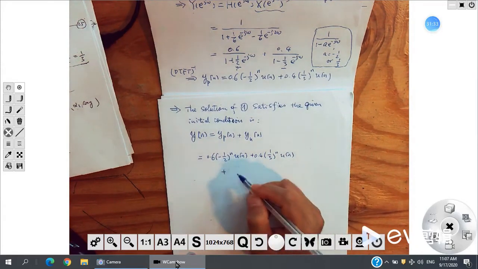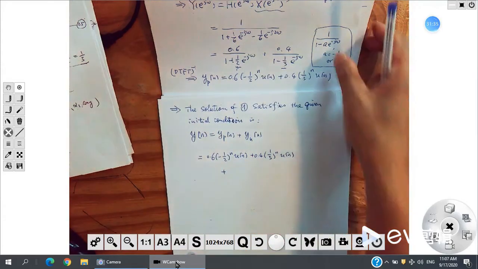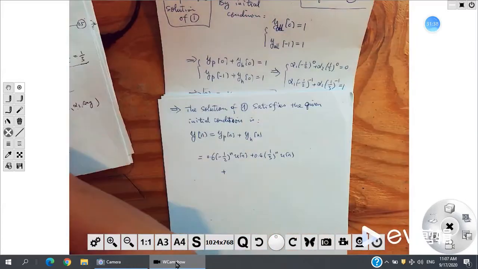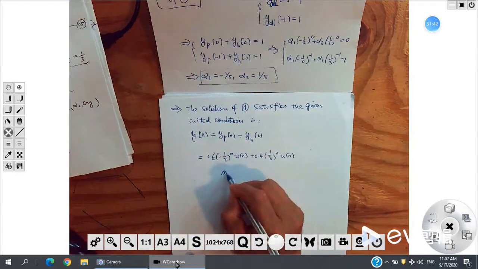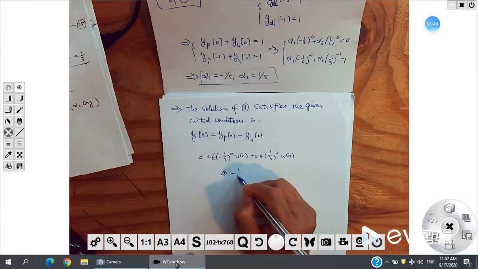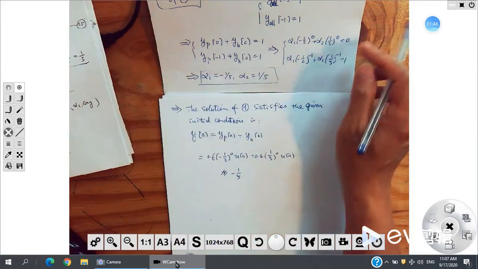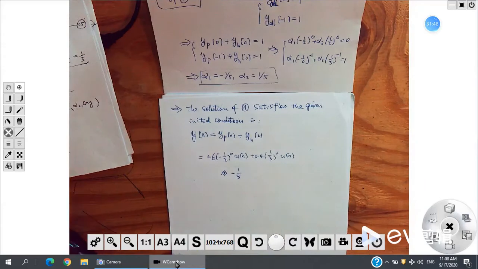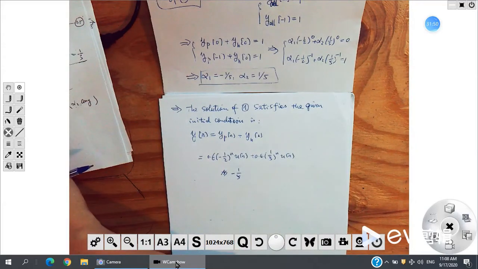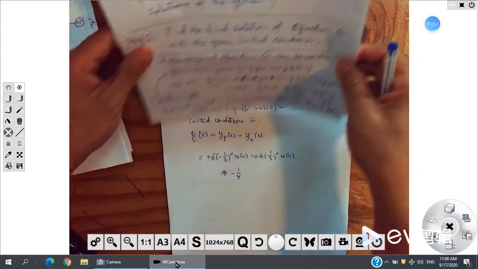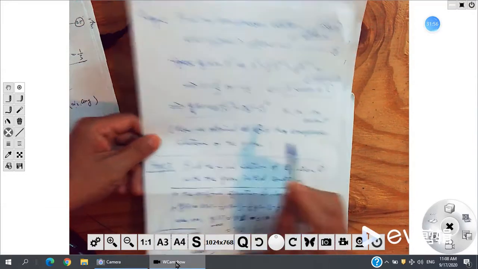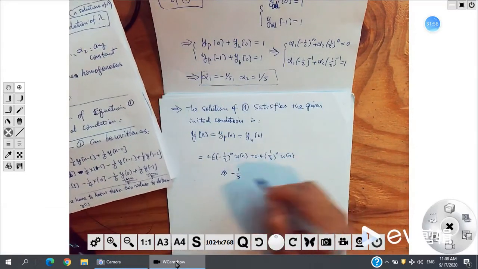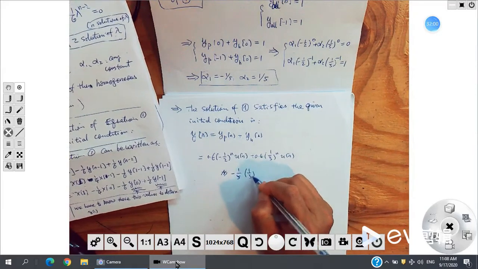Plus y_h. I need alpha 1 times alpha 1 is this, minus 1/5 alpha 1. Alpha 1 times 1/3 to the n.